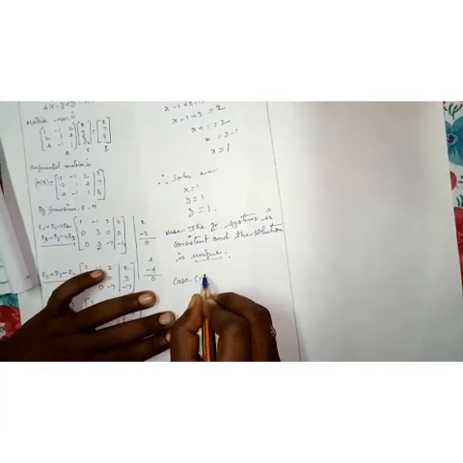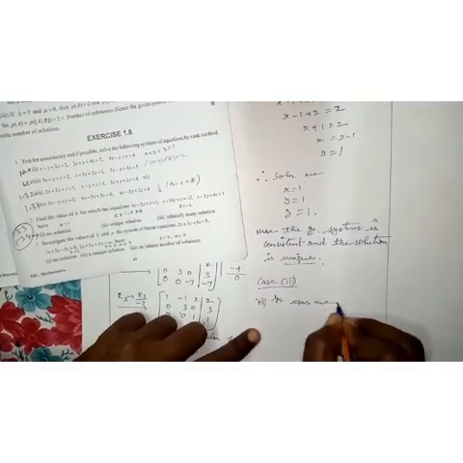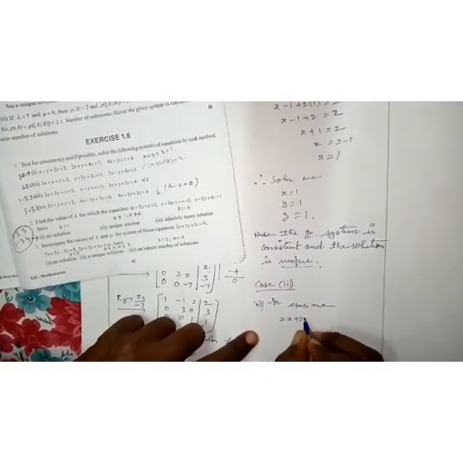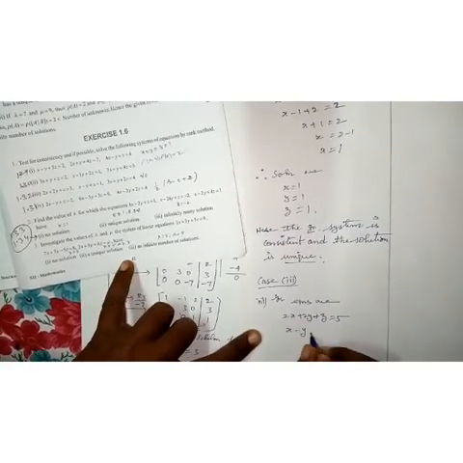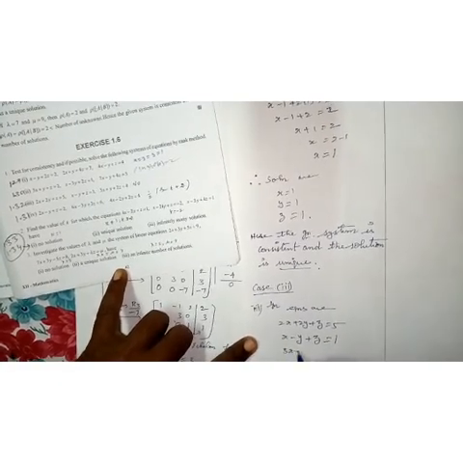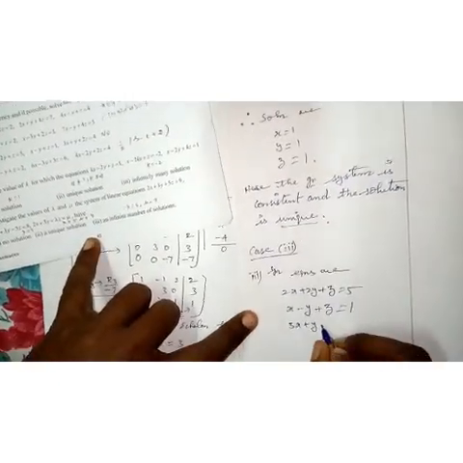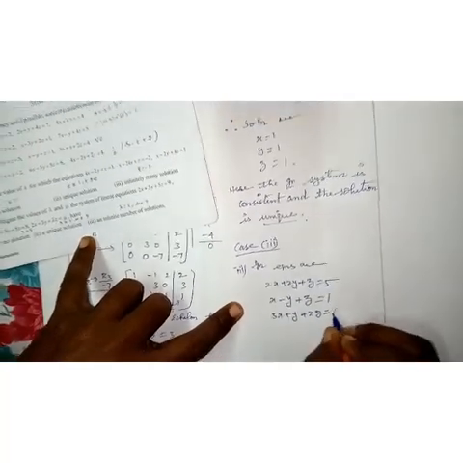For case 3, I'll give an example, the same exercise, sum number 3. The given equations are 2x plus 2y plus z equal to 5, x minus y plus z equal to 1, and 3x plus y plus 2z equal to 4.